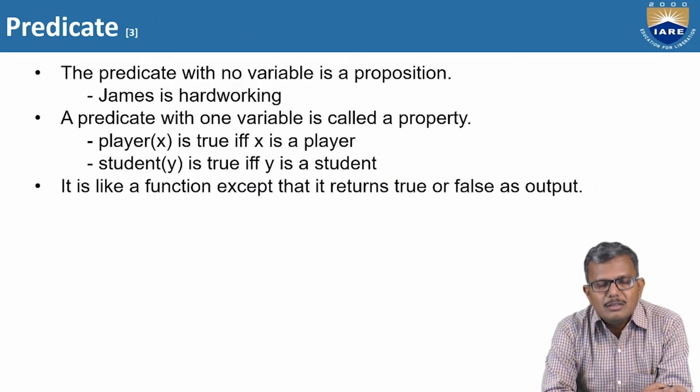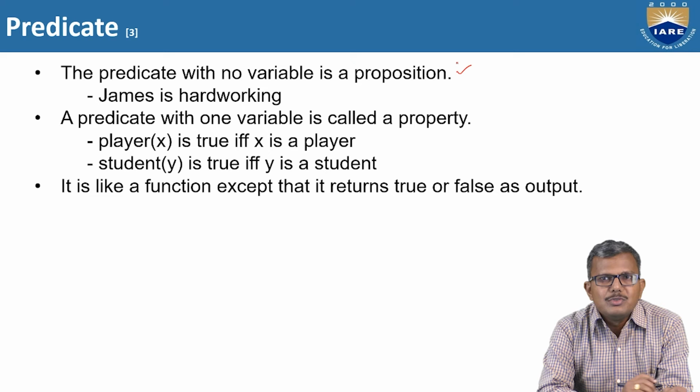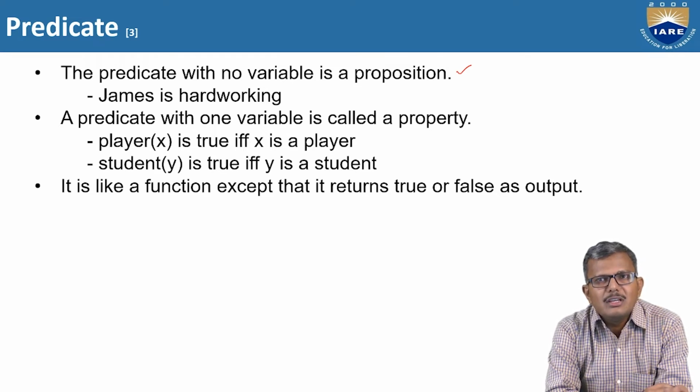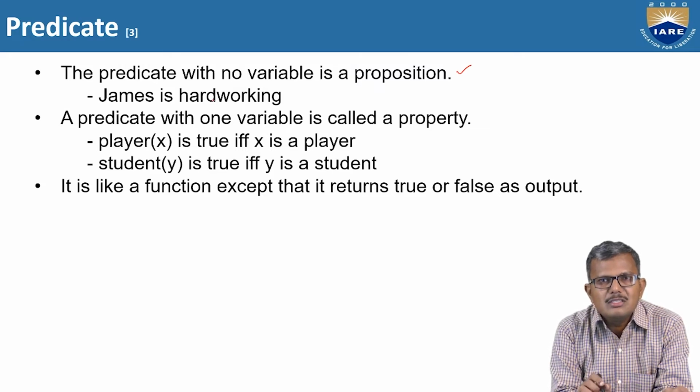Coming to the predicate. What do you mean by predicate here? A predicate with no variable is a proposition. For example, James is hardworking. We are not representing this James is hardworking with a variable. So I can say that James is hardworking is just a proposition, but it is not a predicate.